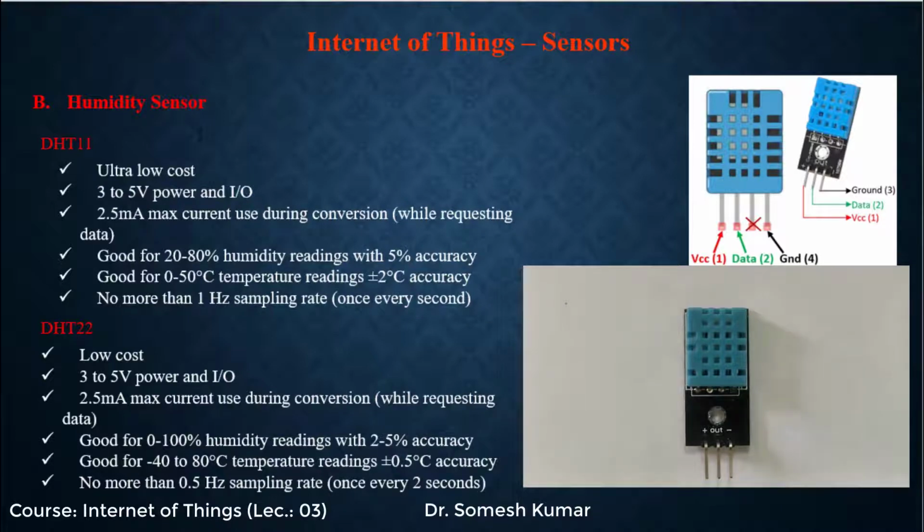Fine. And it is good for 20 to 80% humidity readings with 5% accuracy, and it is good for 0 to 50 degrees Celsius temperature reading with plus minus 2 degrees Celsius accuracy. Fine. So it gives data once in every 1 second, or we can say it has a sampling rate of 1 hertz.